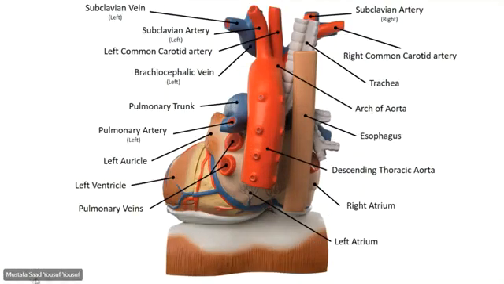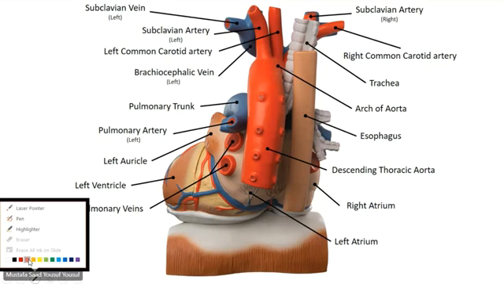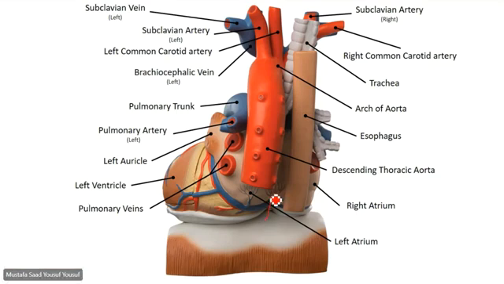Okay, what do I see from this view also? This is the left atrium. Here of course I have the left ventricle. Coming into the left atrium, I have the pulmonary veins, the left ones of course. And I see a small part of the pulmonary trunk. As you know, the pulmonary trunk divides into right and left pulmonary arteries. So I see the left pulmonary artery.